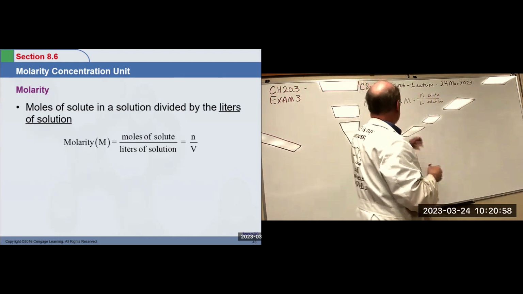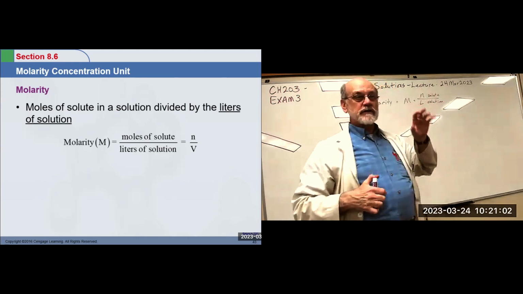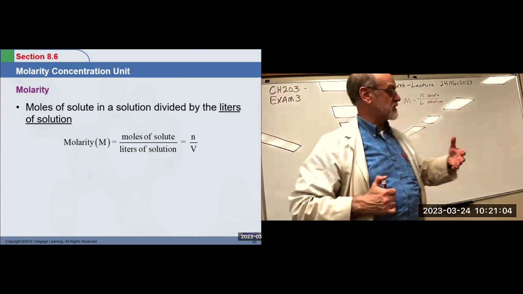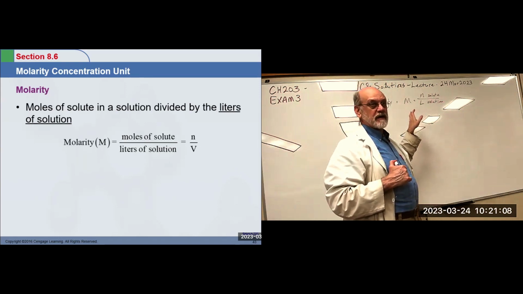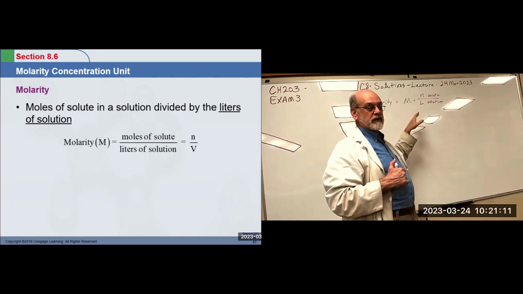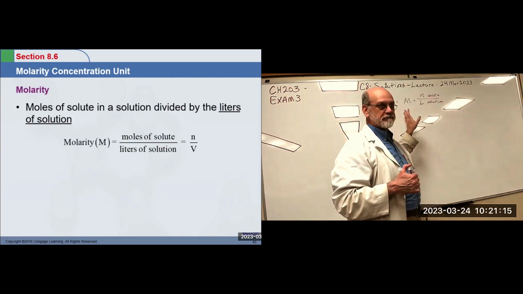Nice thing about this is once you've prepared a solution of a given molarity concentration, it doesn't matter what the solution's made of. Sodium chloride, 1 molar, is the same as 1 molar calcium chloride.